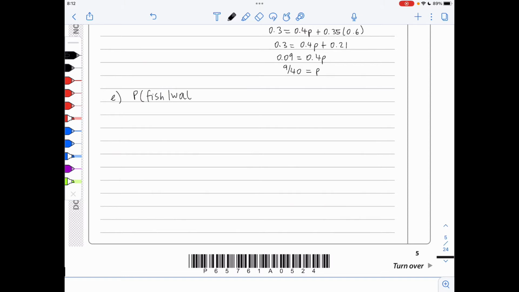So this will be the probability of fish and water, which is 0.35 times Q, over the probability of water, which we found to be 0.4 P plus 0.35 Q plus 0.1. Well, Q is 0.6.